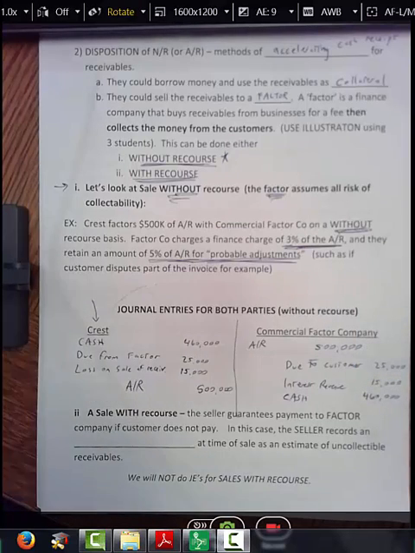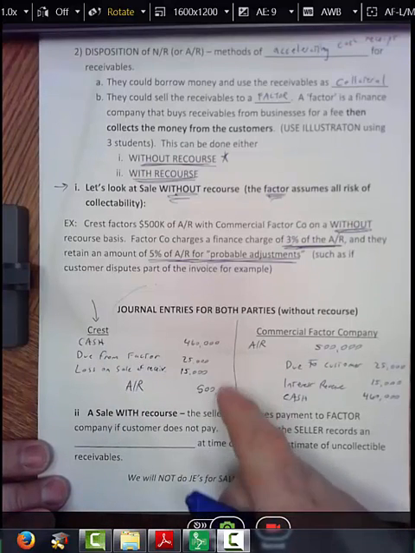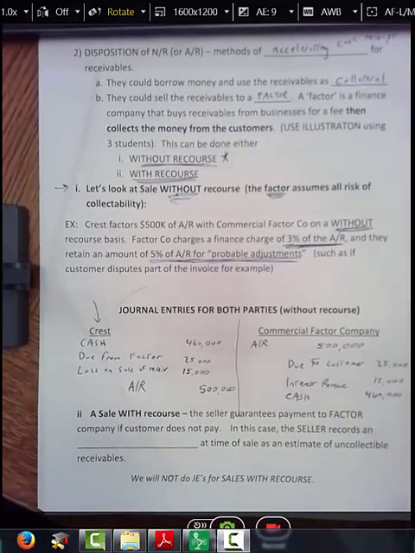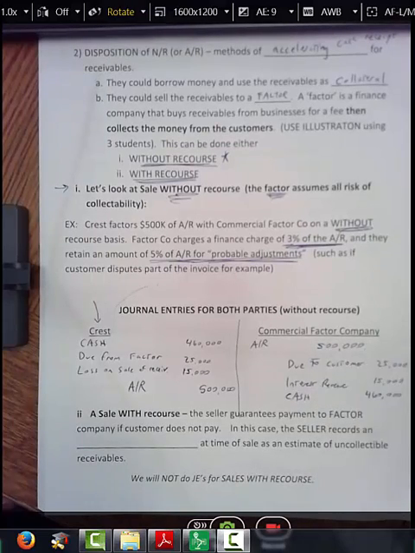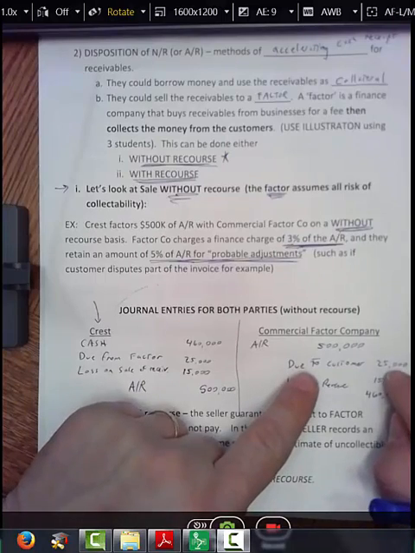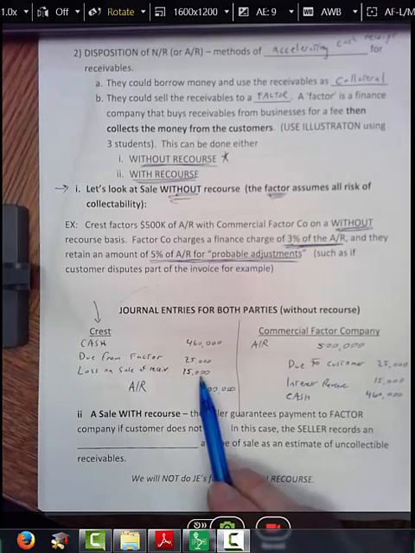Now, you might think that Crest gave up $40,000 to factor this receivable. Well, if the customer pays the $500,000 to the factoring company and everything goes smoothly, the factor company will pay that $25,000 back to Crest. So in that situation, they would have only given up $15,000 to get early payment.